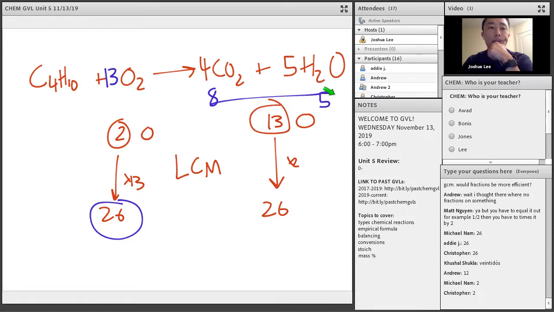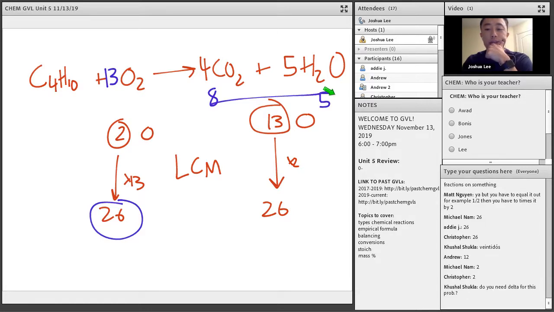You have to mess around with some numbers. It's hard because I already know what the answer is. But how would you guys go about it? You need delta for this problem? No. Eventually this just becomes 10.